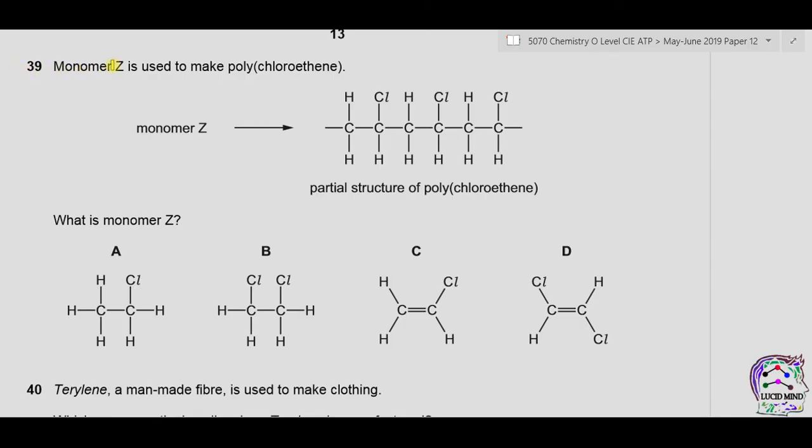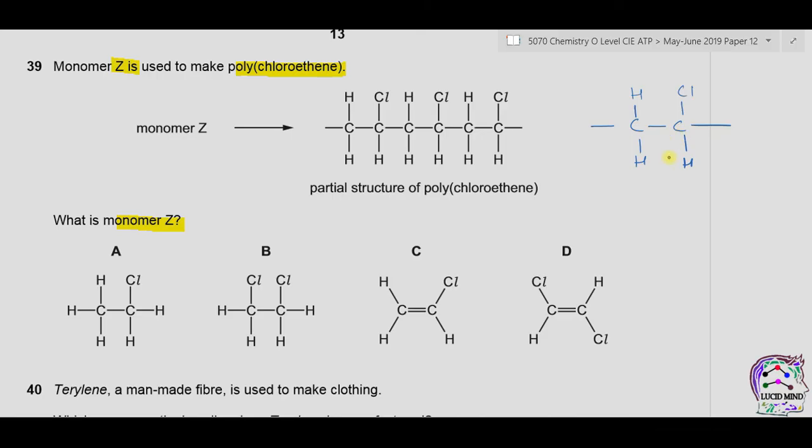Question 39. Monomer Z is used to make polychloroethene. What is monomer Z? As in all of A, B, C and D, they have given 2 carbon atom monomers, we can take 2 carbon atoms from this polymer. The first 2 carbon atoms are taken. We have 2 hydrogen atoms and 1 chlorine and 1 hydrogen attached to the second carbon.